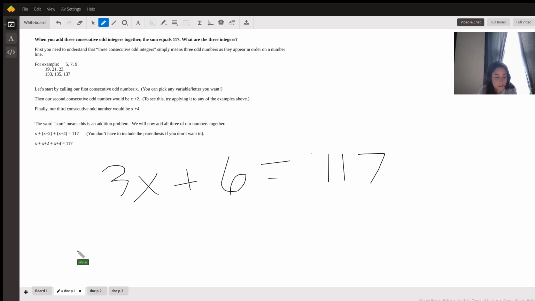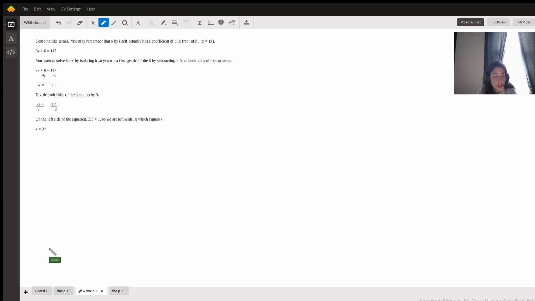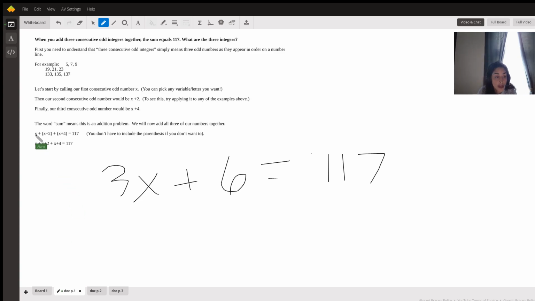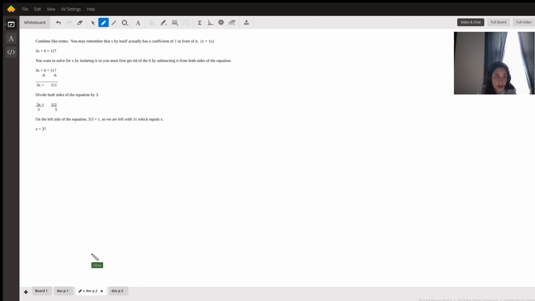Just remember that there is a 1 understood in front of an x or a variable when it's by itself. So that's why we end up with 1 plus 1 plus 1, 3x plus 6 equals 117.